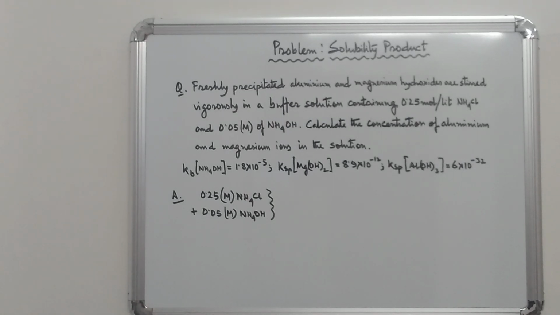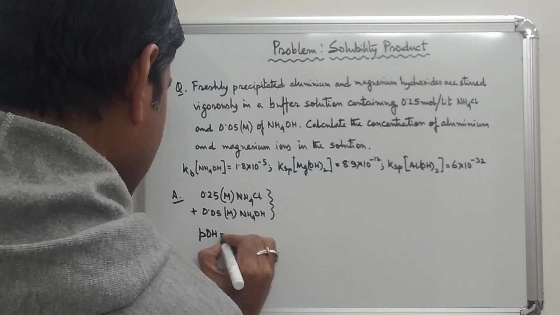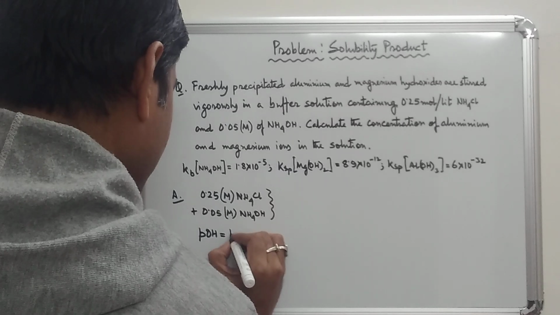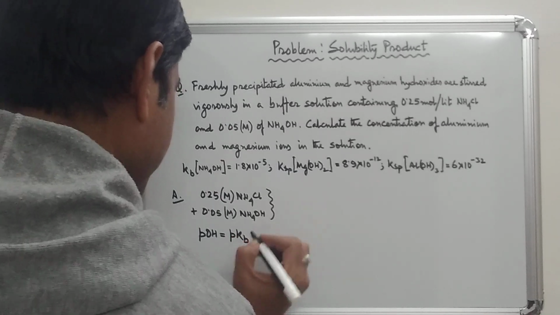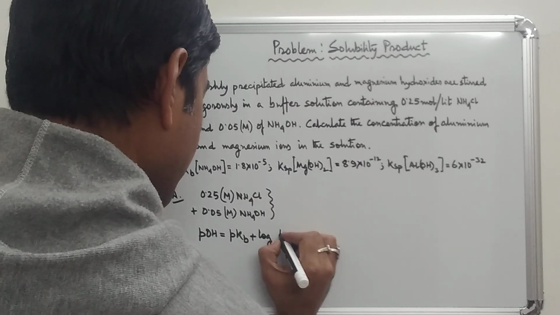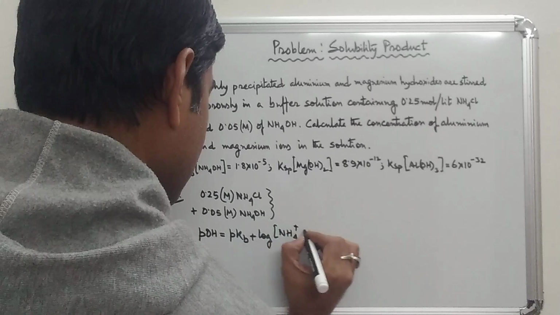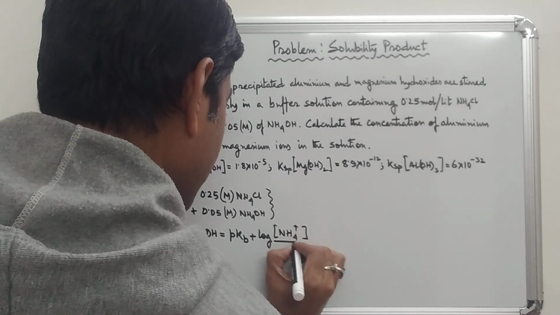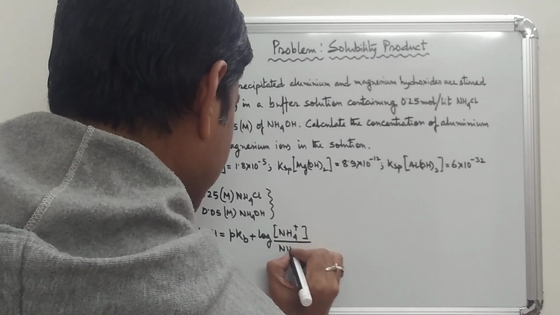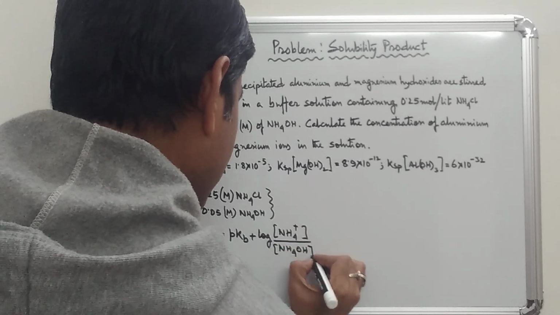Now to calculate the pOH of the solution, that is pKb plus log of NH4 plus ion concentration divided by NH4OH concentration. This is applicable for weak bases.